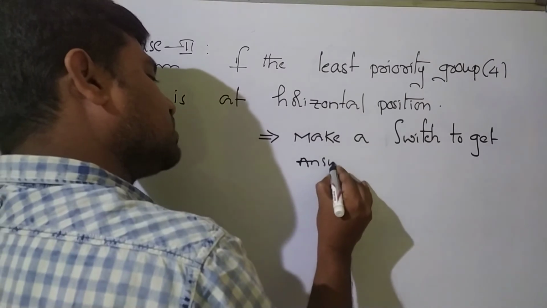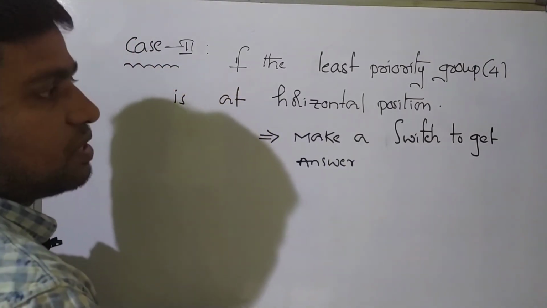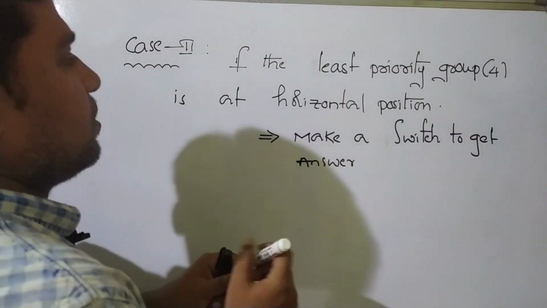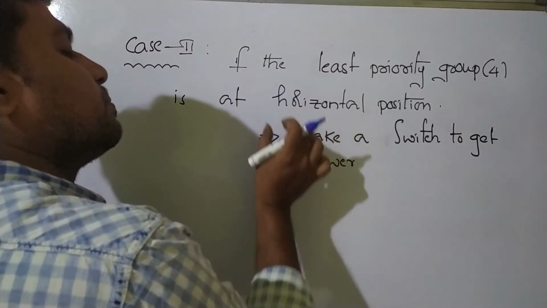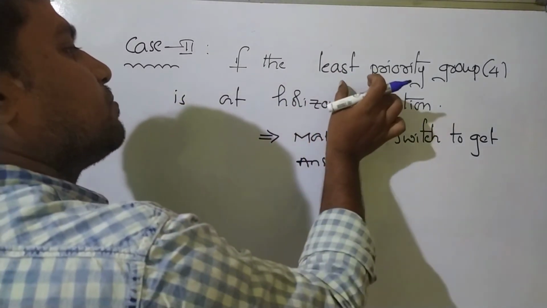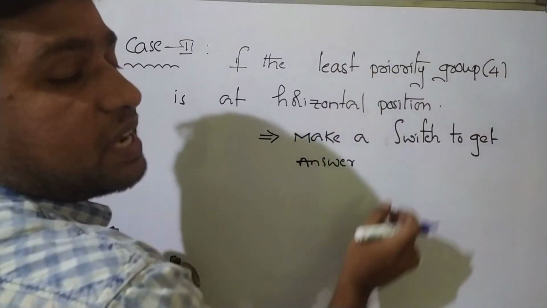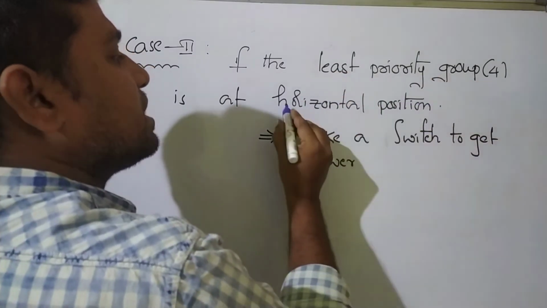Very important. I will explain what is called the switching process. First of all, you should see the statement clearly. This statement contains the most important information regarding the position of the least priority. Here the position of the least priority is at horizontal.